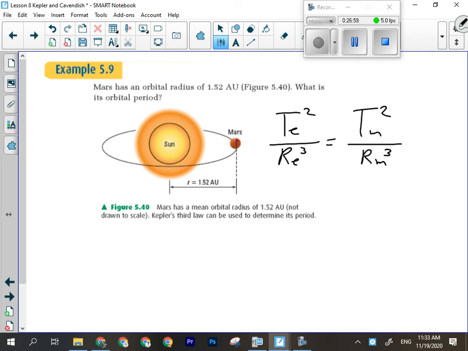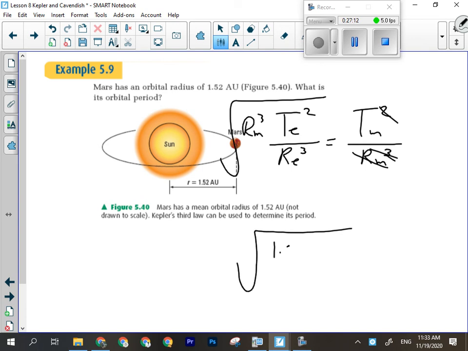All right, so I'm going to bring radius of Mars over here, cubed, okay, and then I'm going to square root it all. That'll get me the period of Mars's orbit, okay, and it's going to be super easy to calculate because it's going to be 1.52 cubed multiplied by 1 squared over 1 cubed.